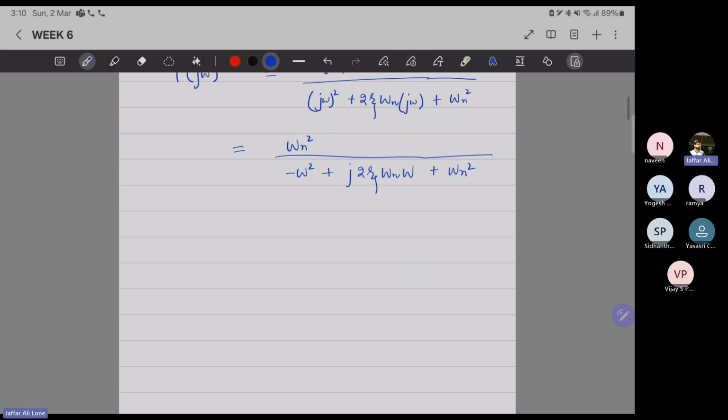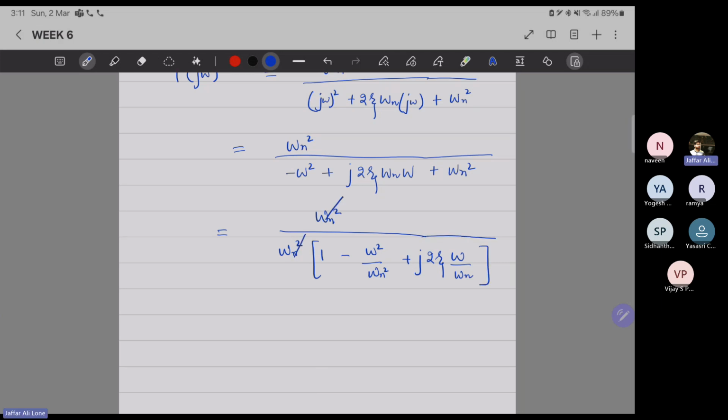If I take omega n square common, it will be omega n square times 1 minus omega square by omega n square plus j 2 zeta omega by omega n.